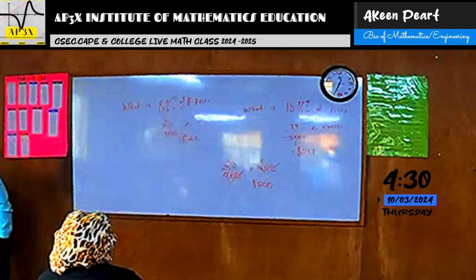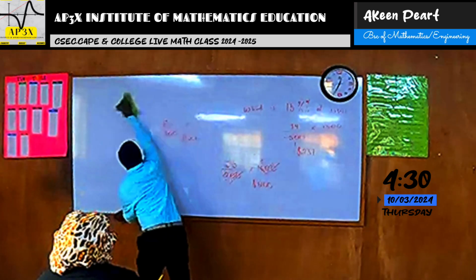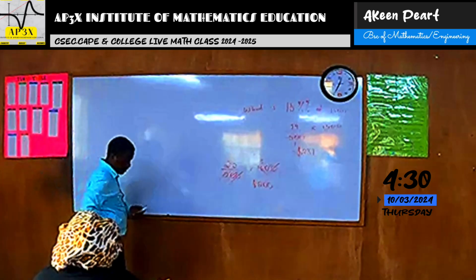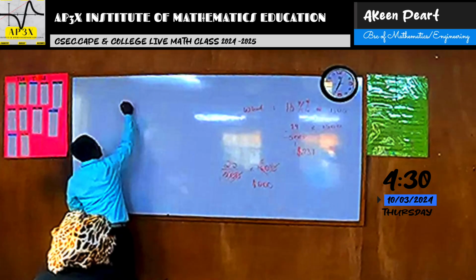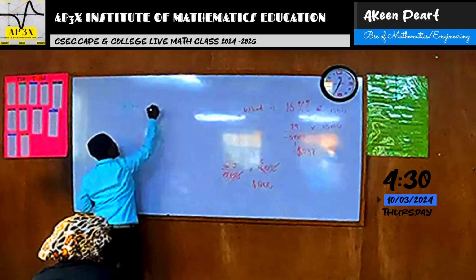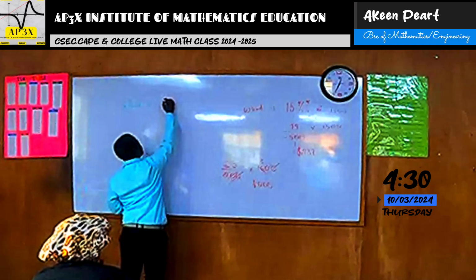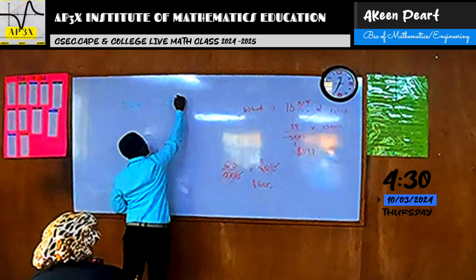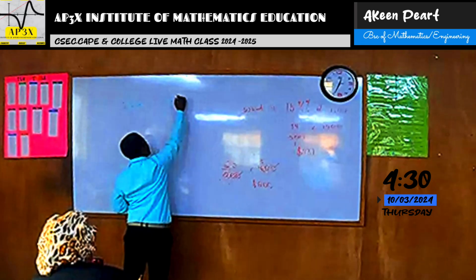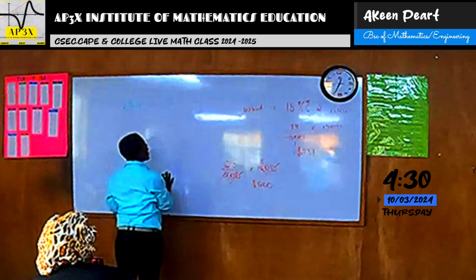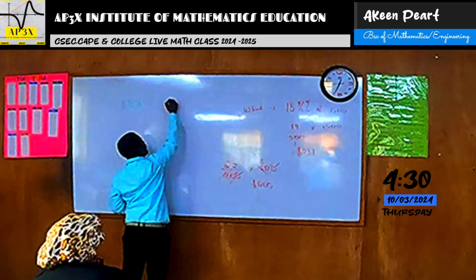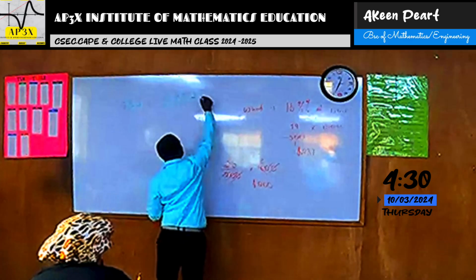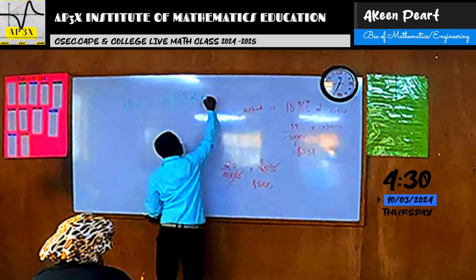Okay? Alright, I'm going to give you one to try. Give yourself some time for this. So try this one for me. What is 25 and 1/5% of 2,500?